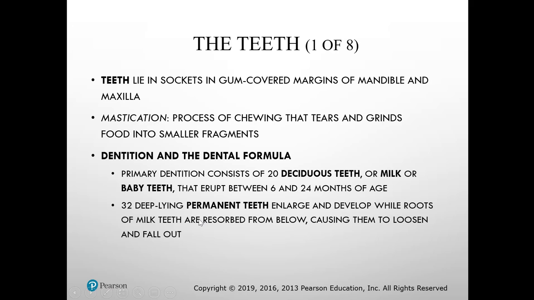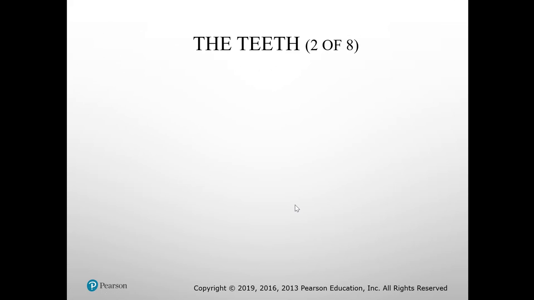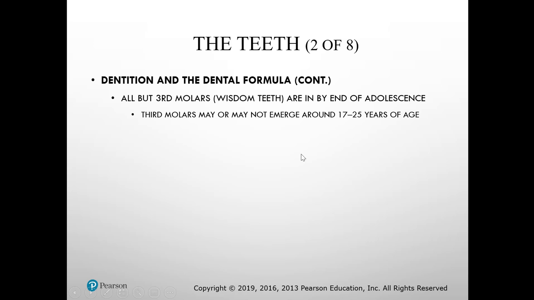And then underneath, there's actually waiting 32 deep lying permanent teeth, and they will enlarge and develop while the roots of the milk teeth are resorbed from below, causing them to loosen and fall out. Usually, this would occur from 6 to 12 years of age when we lose our teeth, and that's when we meet the tooth fairy, right?